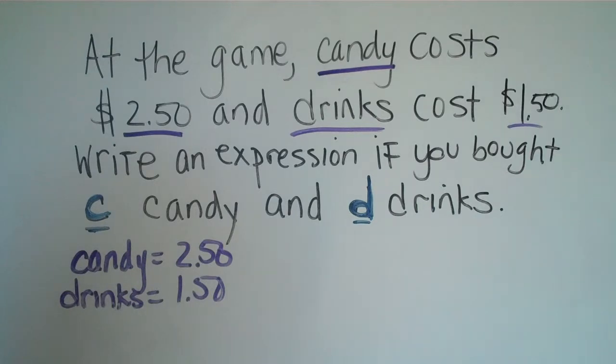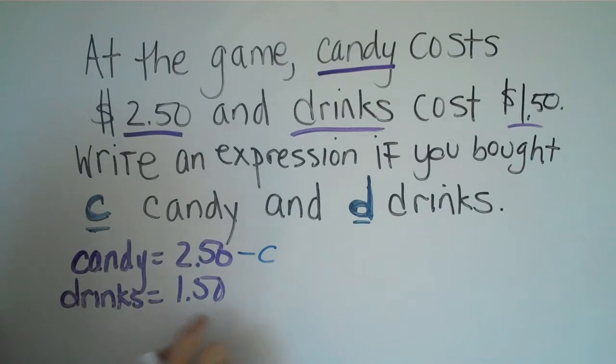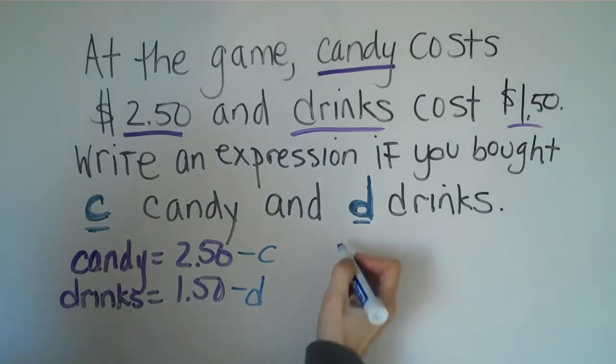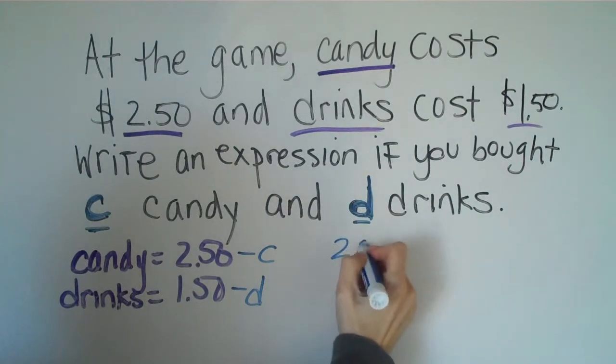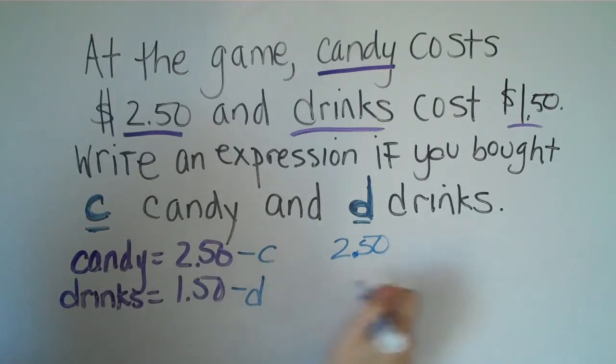Well, we're going to do the same first step as we did in the last one. If we bought C candy, the variable for candy is C, and for the drinks, the variable is D. If we bought C candy, it would just be $2.50 times however many candies you bought, which is the variable, since we don't know how many.